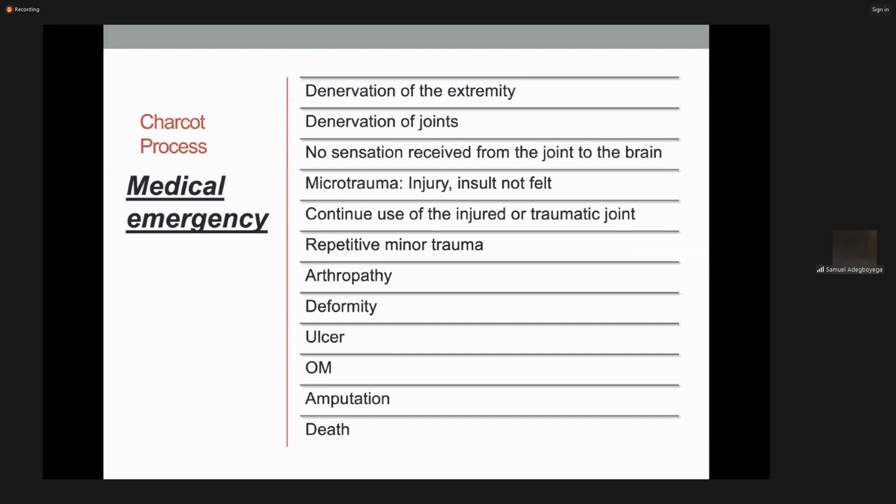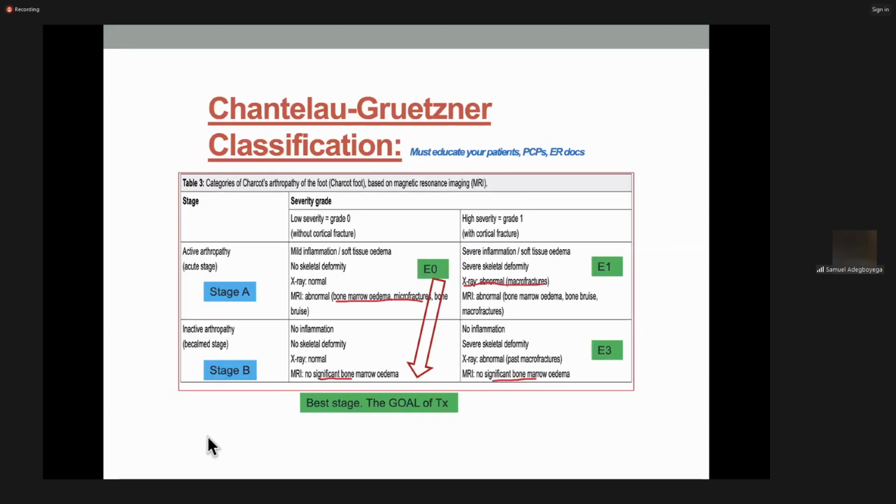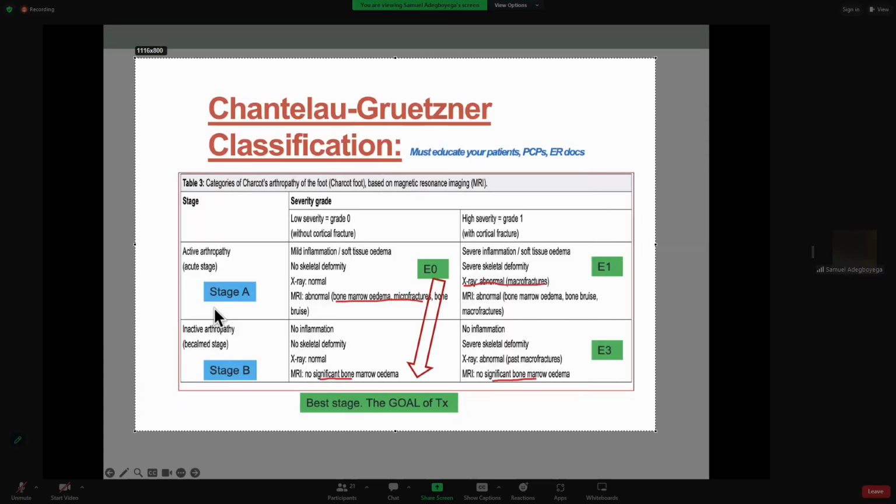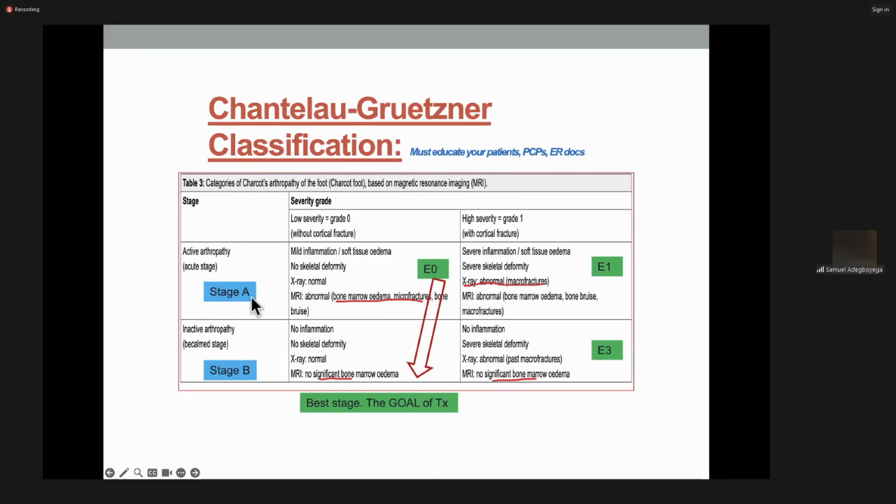Okay. So this is your Chancellor classification. Chancellor classification is very simple. You have stage A, okay, and you have stage 0 and stage 1. So stage A, and I love this classification, is it active or inactive? Okay. So if it's active, active is stage A. If it's inactive, it's stage B. Okay, or called B calm stage.